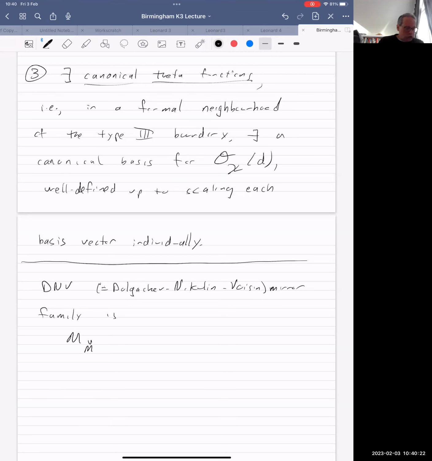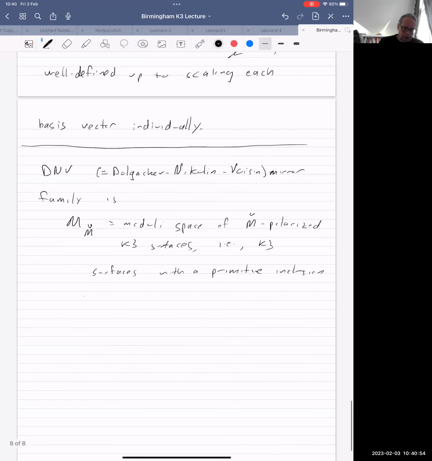This is the moduli space of M-check polarized K3 surfaces, i.e. K3 surfaces with a primitive inclusion of M-check contained in H2 of the K3 lattice, and with some positivity conditions, which I won't go into.